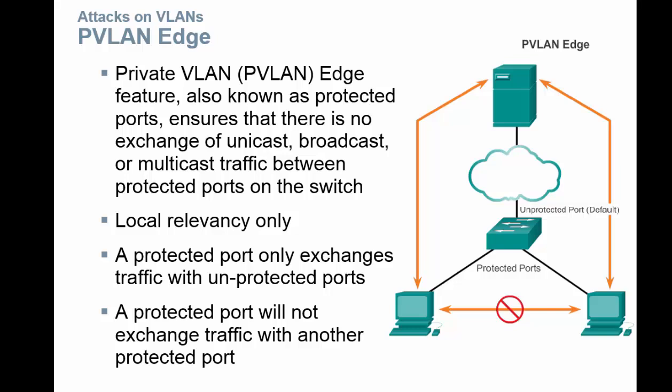And then the protected ports must be manually configured. So this is something that you have to do. In order to configure this private VLAN edge feature, you enter the command switchport protected in the interface configuration, and then to disable it, you do no switchport protected. You can do show interface to see that this has taken place.